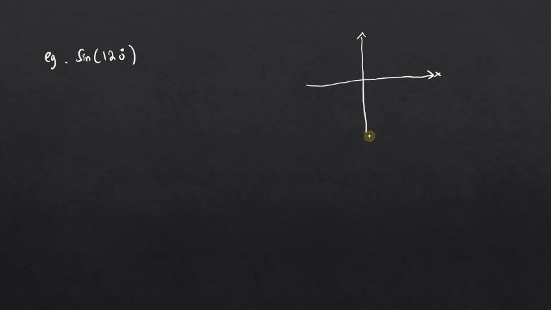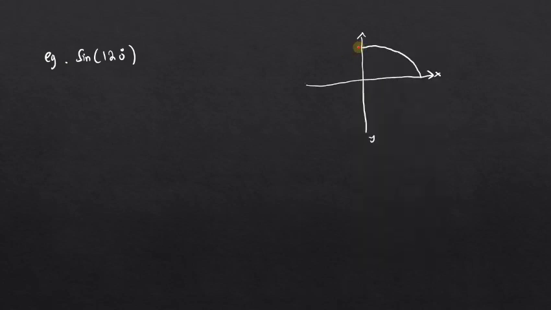Let's say, for example, you want to find sine of 120 degrees. How will we compute this? First you need to draw the 120 degrees in the Cartesian plane. Normally in trigonometry we start from the positive x-axis in the anti-clockwise direction. So we start from here, and from here to here is 90 degrees. Then to get 120, we need to draw another 30 degrees.